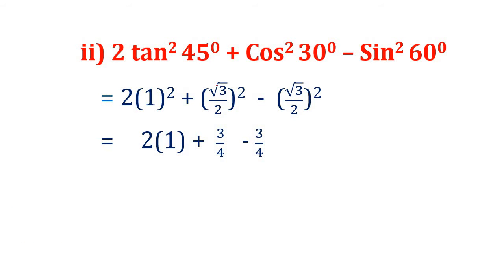So if you cancel square and root, it becomes only 3, and 2 square is 4, minus you can cancel square and root, so it becomes only 3, and 2 square is 4. We can cancel 3 by 4 and 3 by 4, which is positive 3 by 4, it is negative 3 by 4. We can cancel it very easily. So 2 into 1 is 2. So this is the answer.